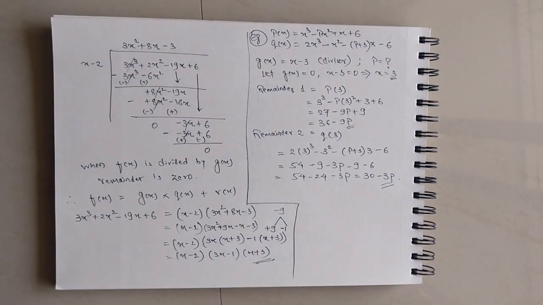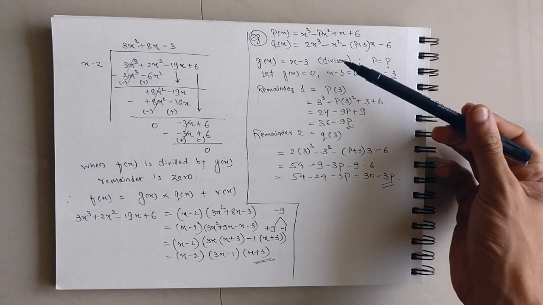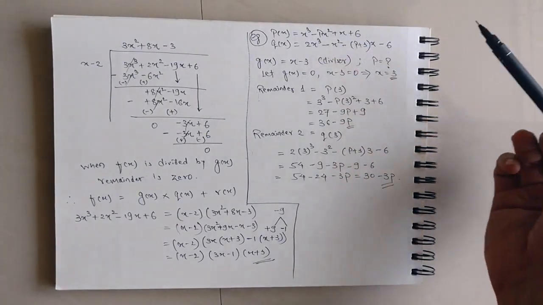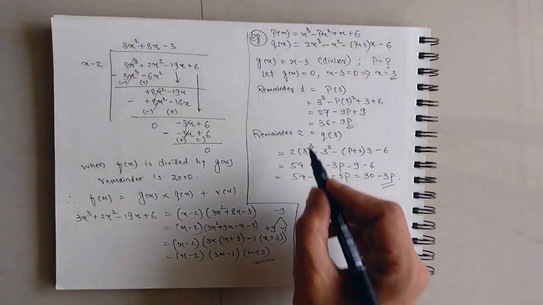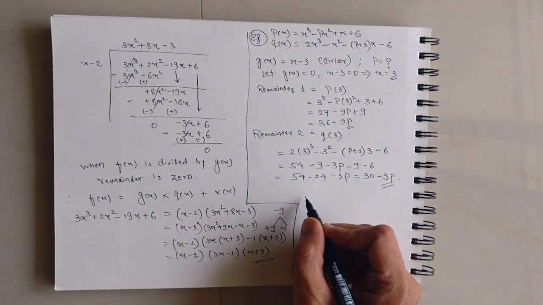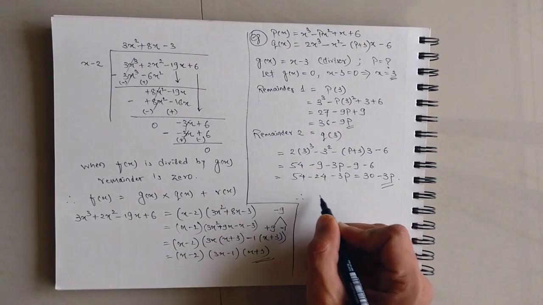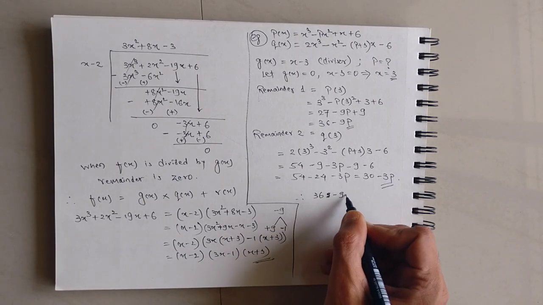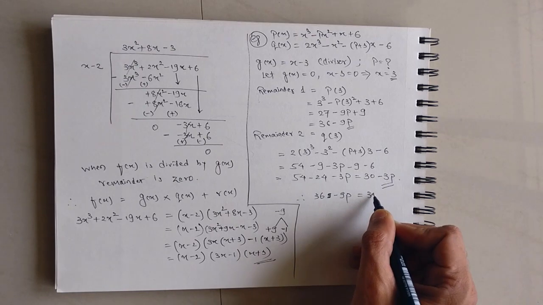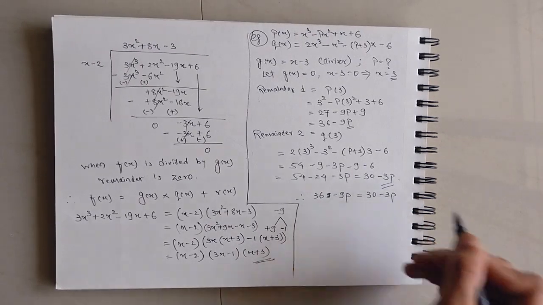Now according to the question, when this divisor divides both the polynomials, the remainder is same. Find the value of p. So remainder is same means we can equate the remainders, and therefore 36 minus 9p is equal to 30 minus 3p.